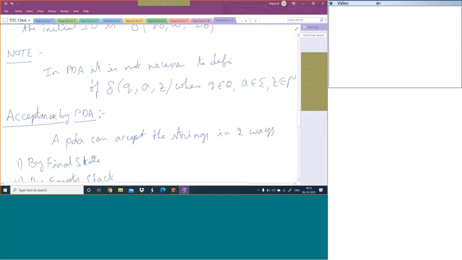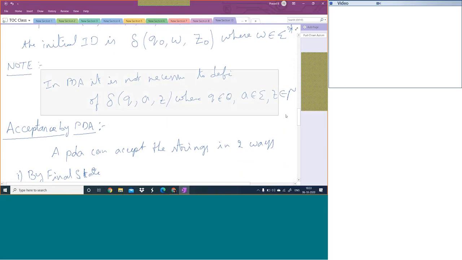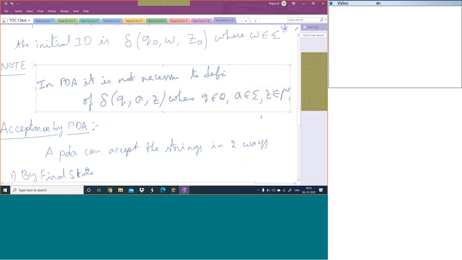Take the note. In a PDA, it is not necessary to define delta for every combination of delta of q comma a comma Z. Already I told you, for every state, for every input symbol, for every stack symbol, you need not define.